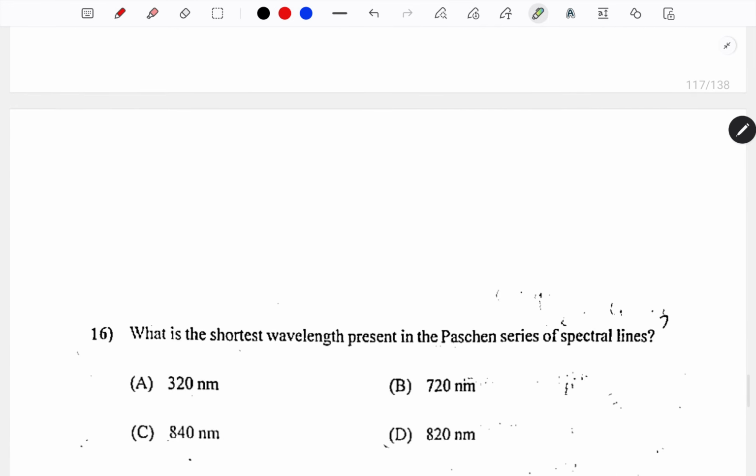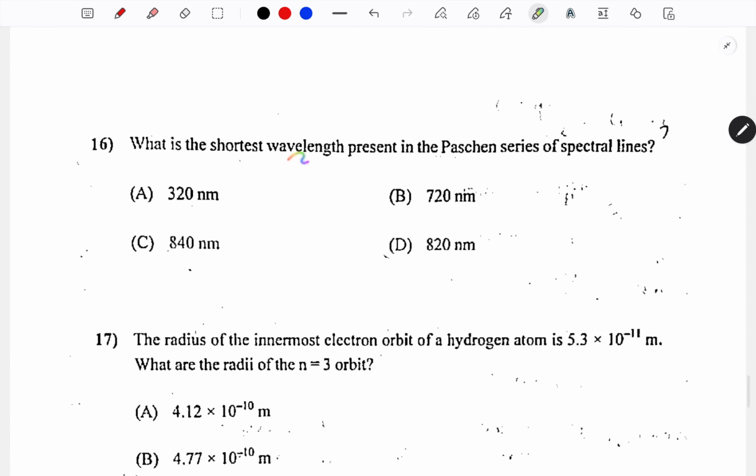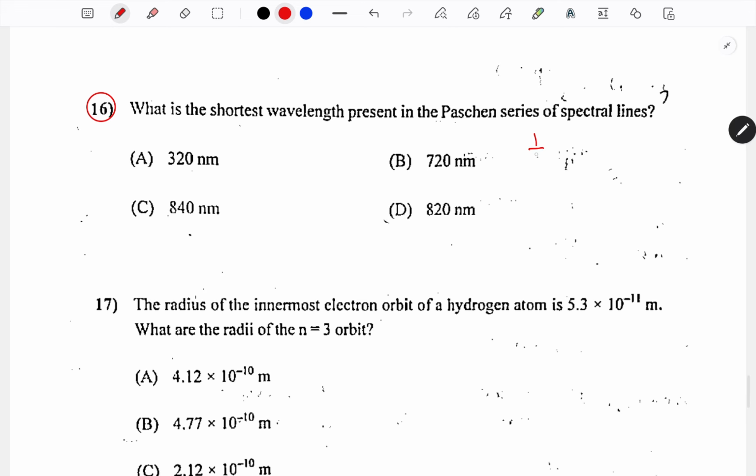Next question. What is the shortest wavelength present in the Paschen series of a spectral line? See, this question is also in the omitted portion, or either it could not be, because we have practiced so many times that 1 upon lambda is equal to R into (1 upon n1 square minus 1 upon n2 square), and for the shortest wavelength electron should transit from infinity.